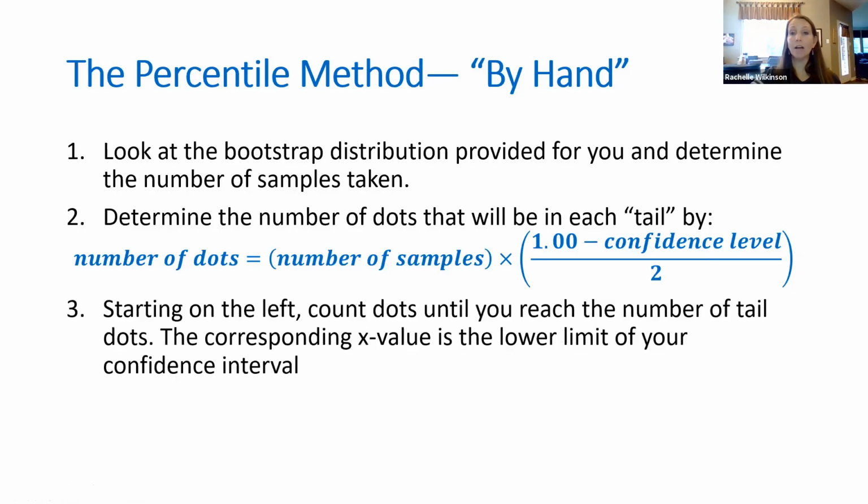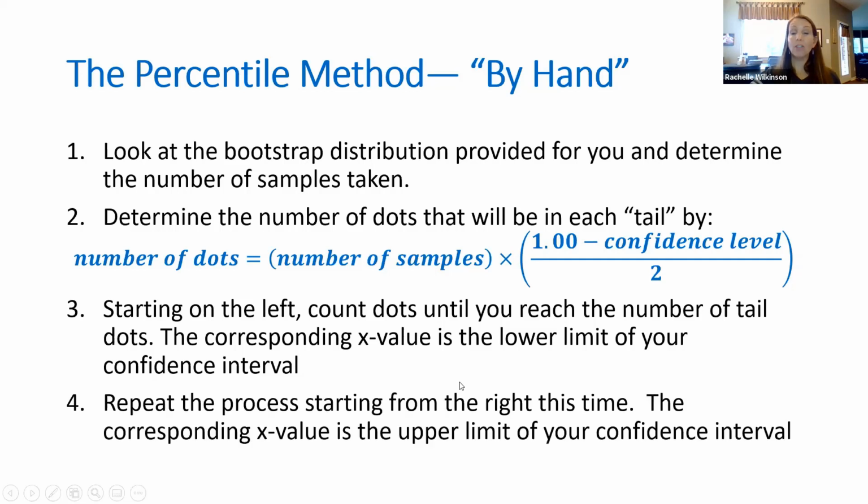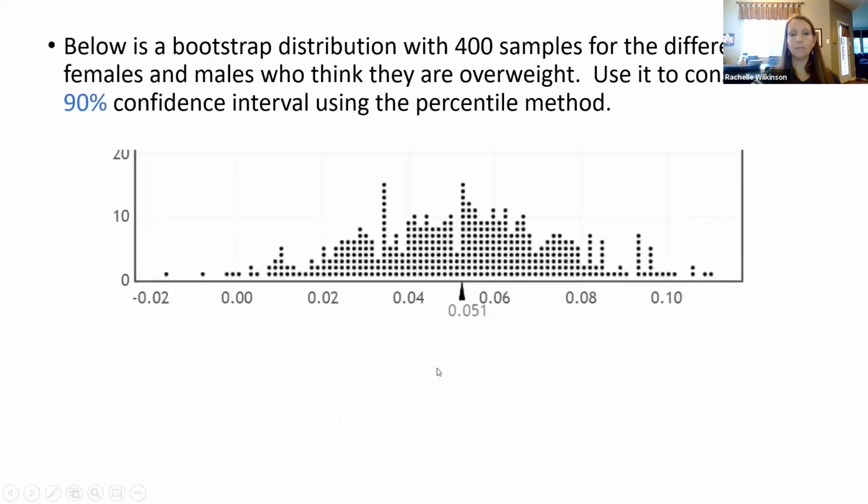Once we know how many dots are in each tail, we start on the left, count over that many dots, and draw a line. Wherever that line crosses the x-axis is the lower limit of your confidence interval. Now we do the same thing from the other side, this time counting in from the right. Count over that number of dots, draw a line, and wherever that line crosses the x-axis is the upper limit of your confidence interval. So here is a Bootstrap distribution.